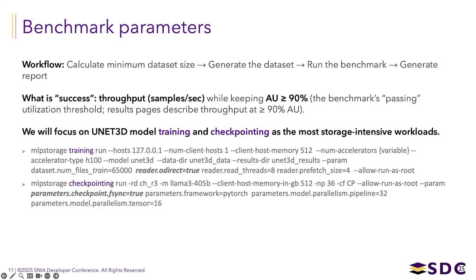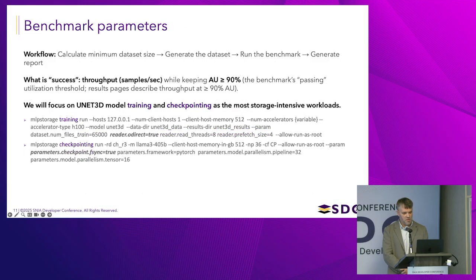The typical MLPerf Storage benchmark workflow looks like this. First of all, we need to calculate the minimal dataset size, having in mind the amount of memory on the host and the expected number of GPUs. Then we need to generate the dataset. Then we can run the benchmark with different parameters, and after success, we can generate a report.